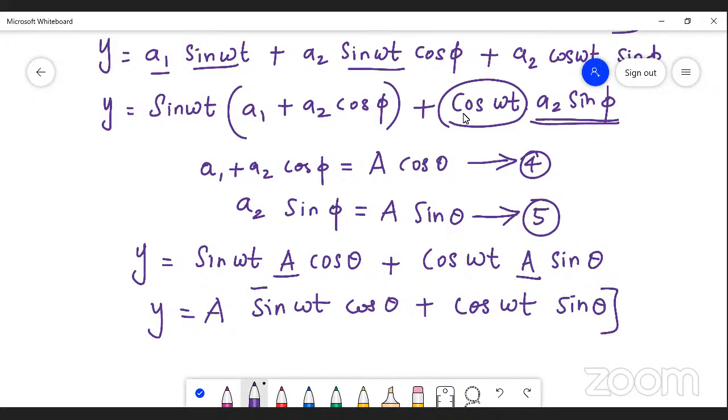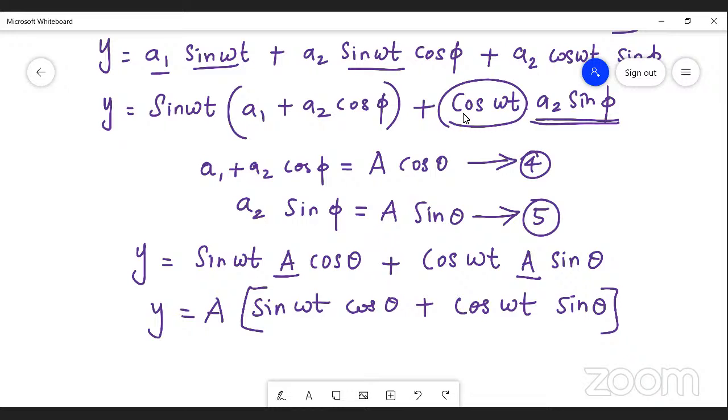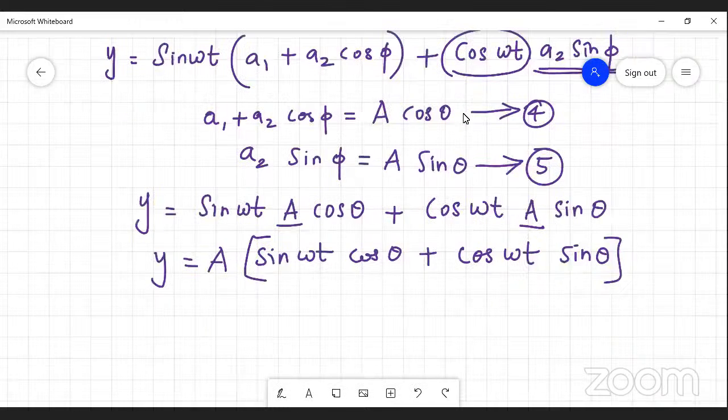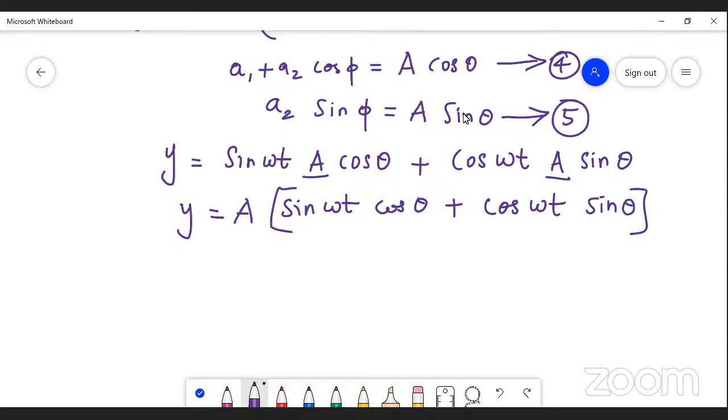Sin a cos b plus cos a sin b is equal to, what is this formula of? Sin of a plus b. What is sin omega t cos theta plus cos omega t sin theta? Y is equal to A sin omega t plus theta.